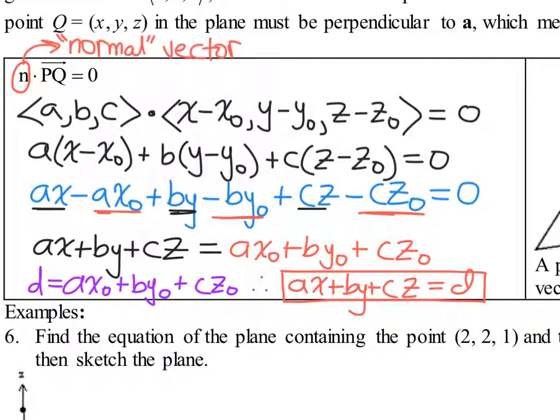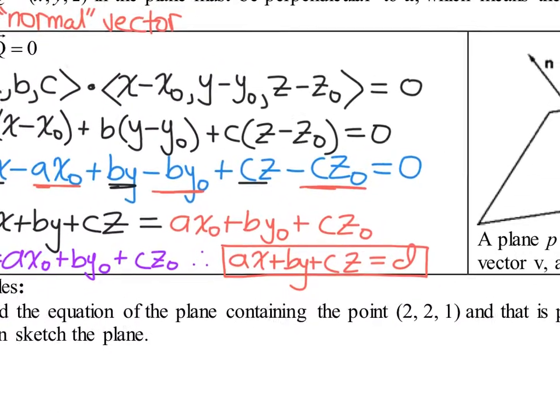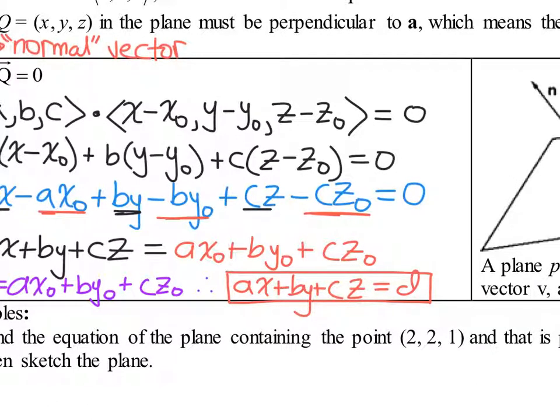All right, so this is the equation of a plane in general form. What it tells us is that you pretty much have most of what you need when writing the equation of a plane just by knowing the normal vector, because the normal vector is ABC. You already have the left-hand side of the equation. Everything else is simply to find the D value. But look at the structure of the D value: a times x sub o, b times y sub o, and c times z sub o.